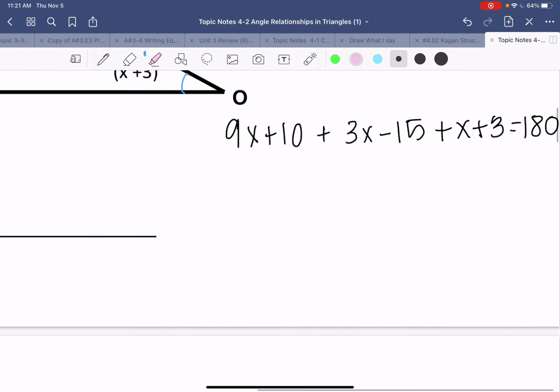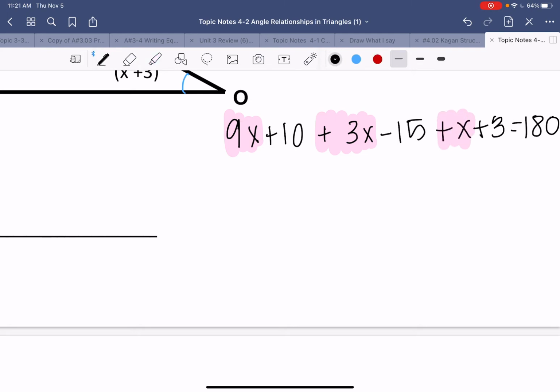I'm going to zoom in. So then it's just algebra from here on out. We have multiple terms, so let's combine all the terms we know. We have our 9x, our positive 3x, and our positive x. 9 plus 3 is 12, 12 plus 1 is 13, so we have 13x. Then I have my positive 10, my negative 15, and my positive 3.